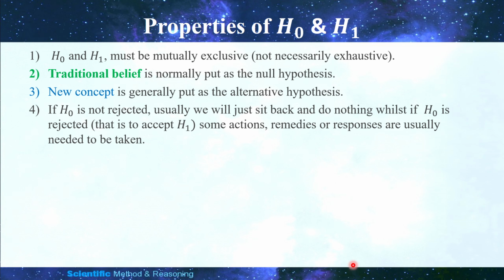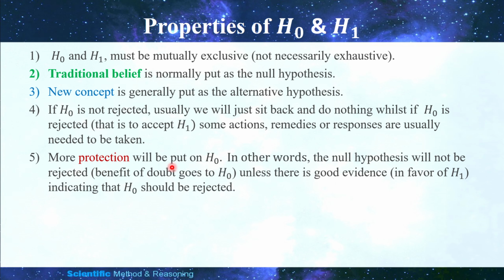The fourth property is that if the null hypothesis is not rejected, usually we will just sit back and do nothing. If the null hypothesis is rejected, that is, we accept the alternative, some actions, remedies, or responses usually need to be taken.